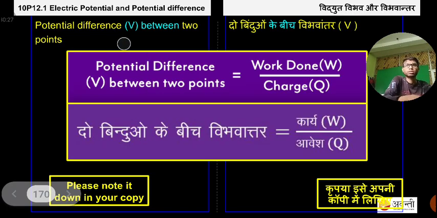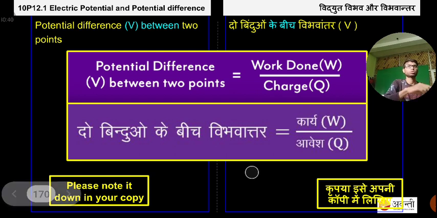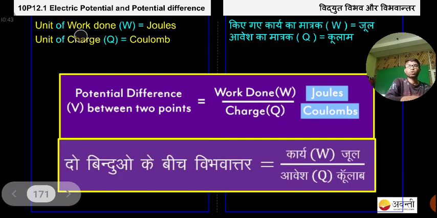Potential difference is represented by V between 2 points. Potential difference is equal to work done upon charge, also represented as W upon Q. Work done is represented by W and charge by Q. The unit of work done is the joule, and the unit of energy is also the joule. The unit of charge is the coulomb.